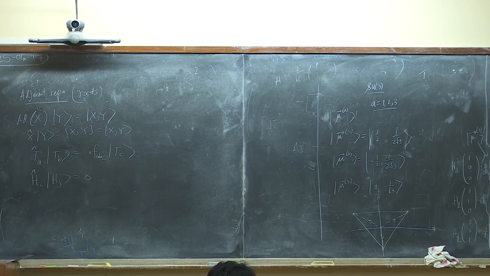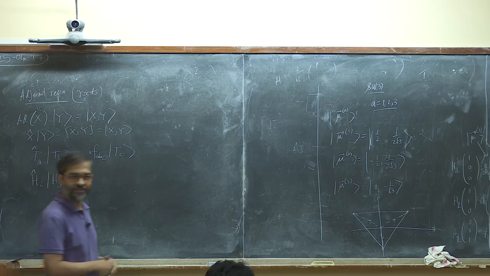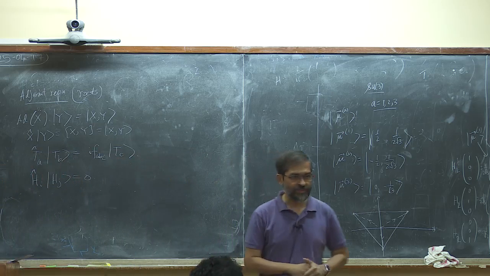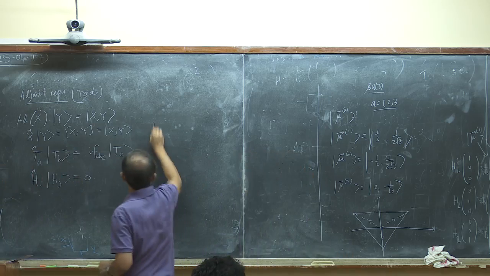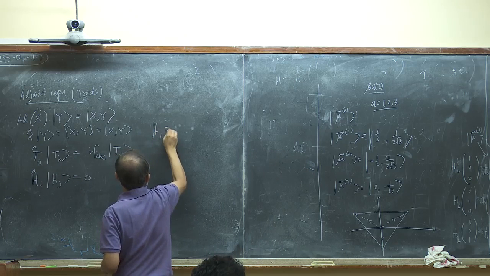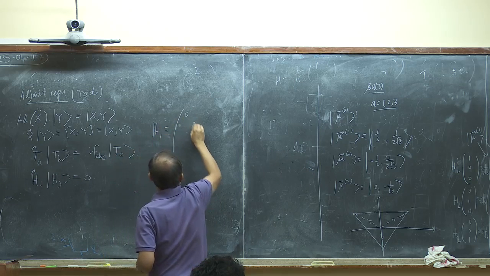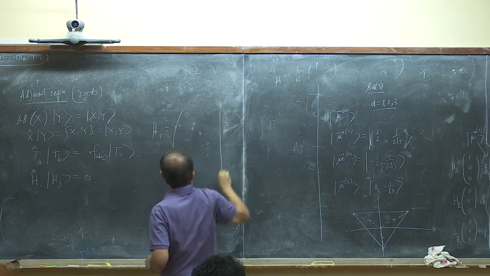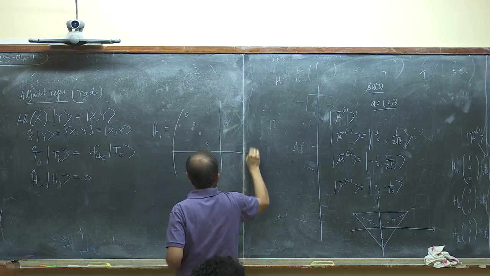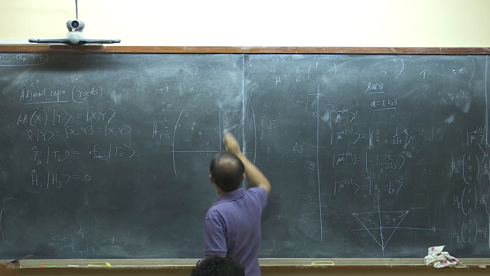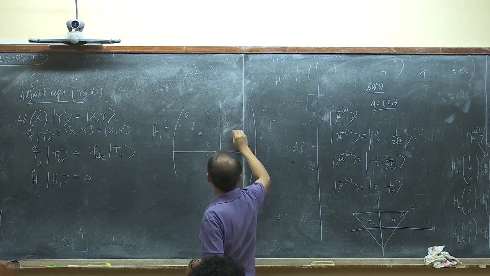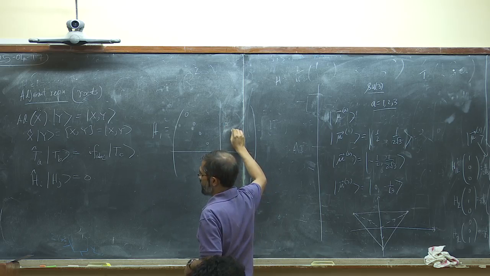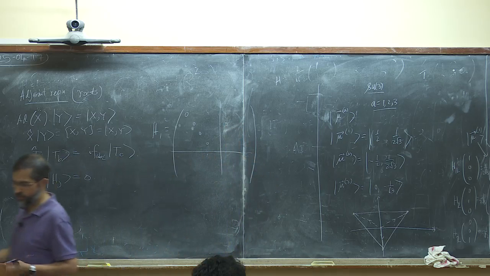Very good. So now clearly from here you can see that in this representation the following statement is true. If nothing else, the following form of the HI operators in the adjoint representation, namely that H1 looks like a whole bunch of zeros and something which is nonzero.